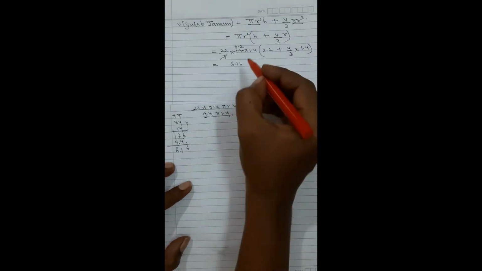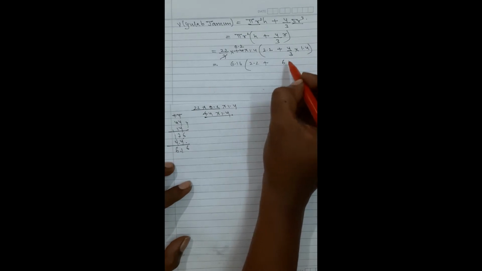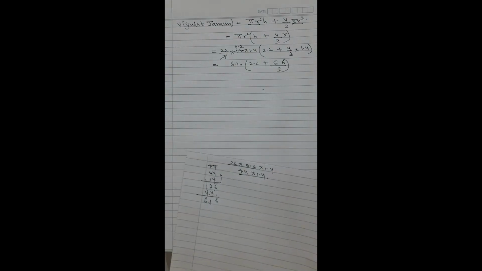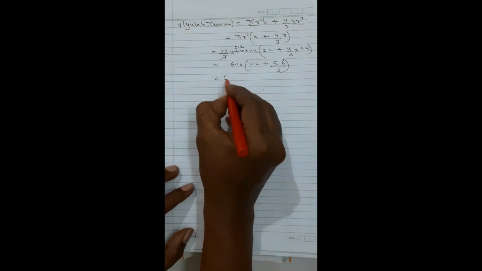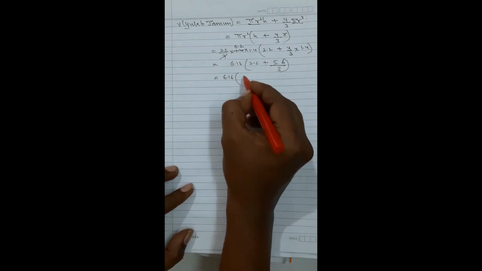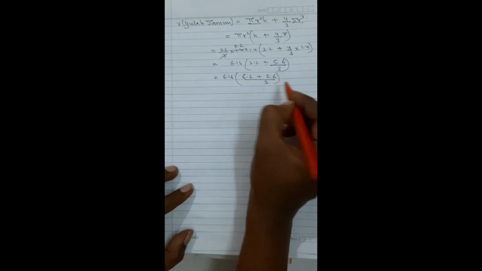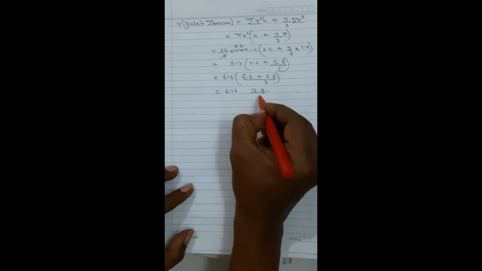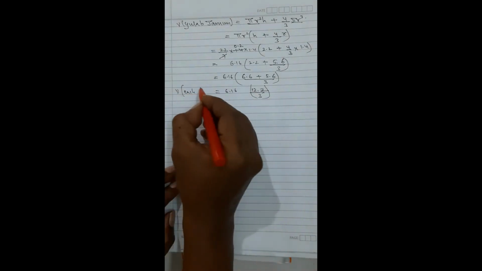Here we have 2.2 plus, I'll multiply 4 into 1.4, which is 5.6 upon 3. So 6.16 into 6.6 plus 5.6 upon 3. If I add this, it will be 12.2 upon 3. This will be the volume of each gulab jamun.